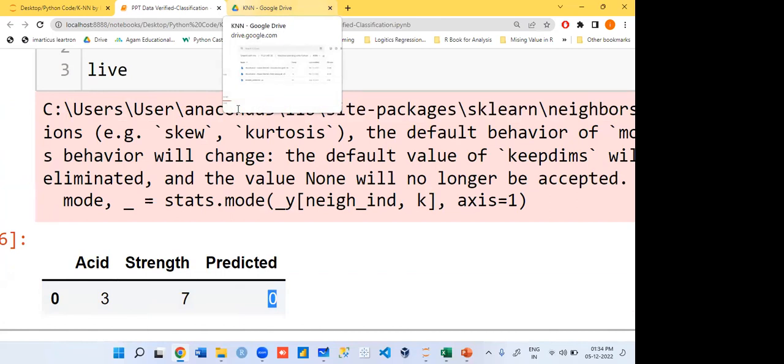But the main thing is Python doesn't give you distance and Python doesn't give you rank. You converted to 0 and 1.